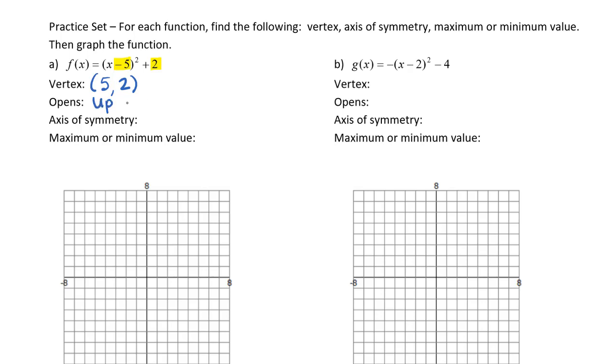And this is because A is greater than 0. Its axis of symmetry is always the first value in the vertex, so x equals 5. And the maximum or minimum value will be the height at which the vertex is, y equals 2.